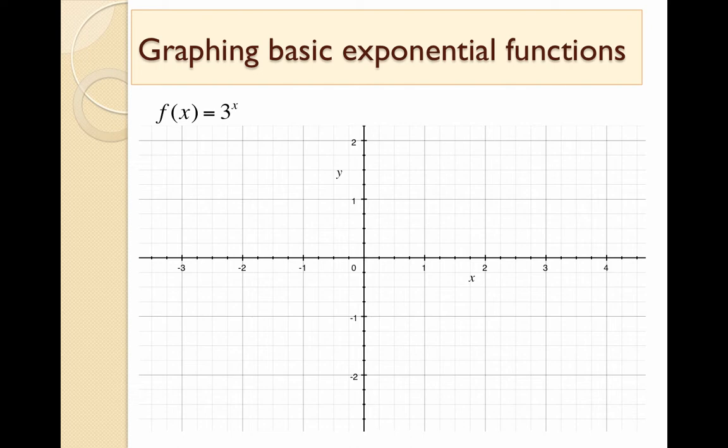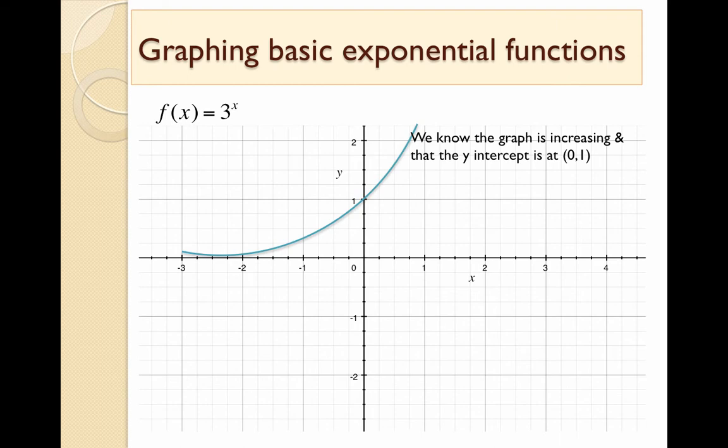Let's take a look at how we would graph f(x) = 3^x. There's already a couple things that we know that will allow us to quickly sketch a graph. This is just a complete sketch. We know the graph is increasing. We've seen what the basic shape of an exponential graph looks like, and we know the y-intercept is going to be at (0, 1). So there you go.